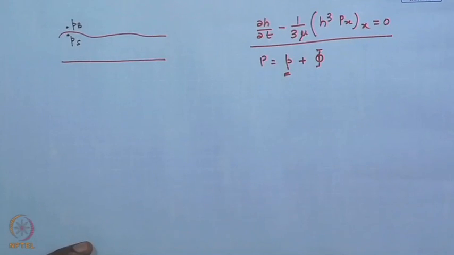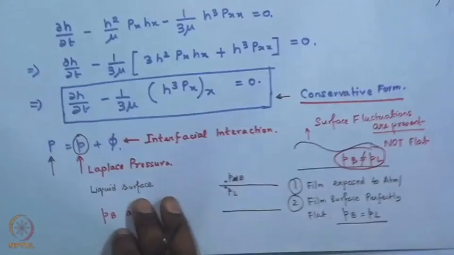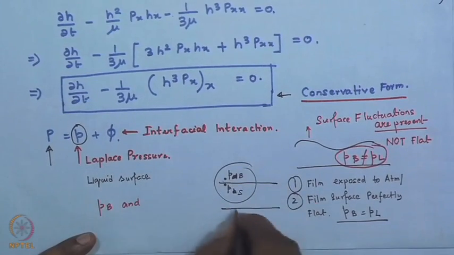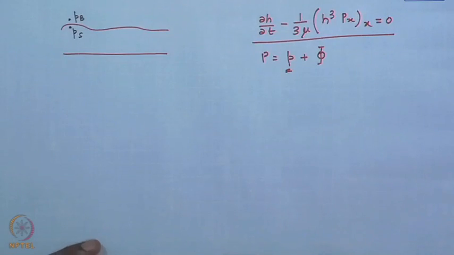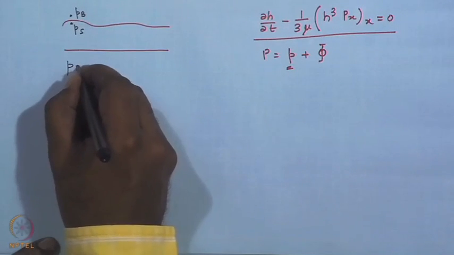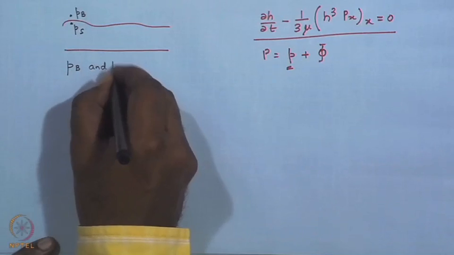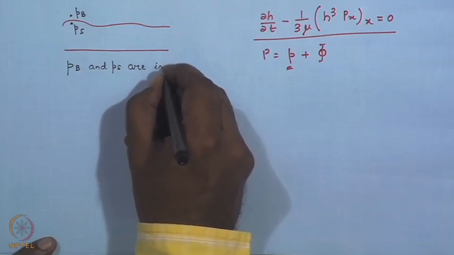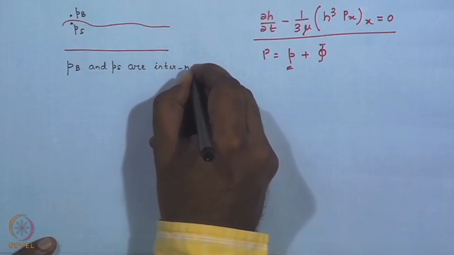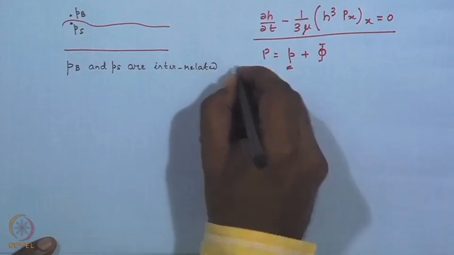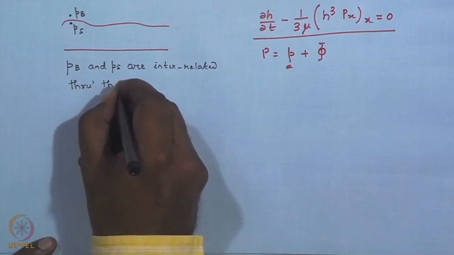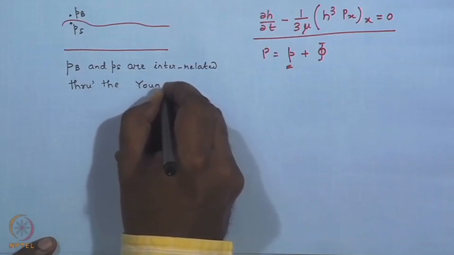Since the film surface is not flat, Pb is not equal to Ps. And Pb and Ps are interrelated through the Young-Laplace equation.